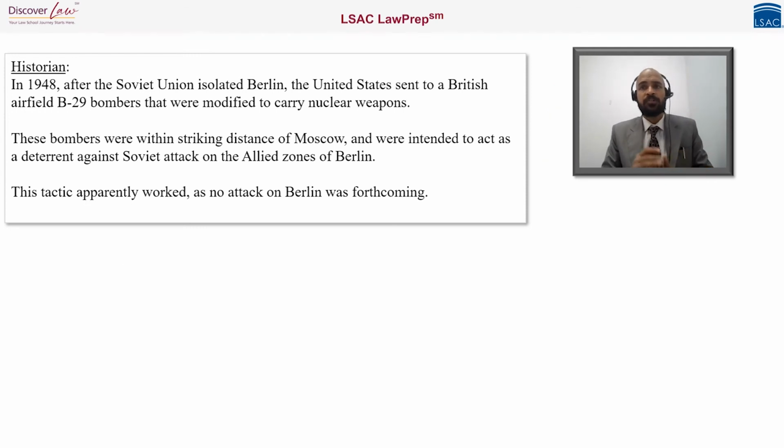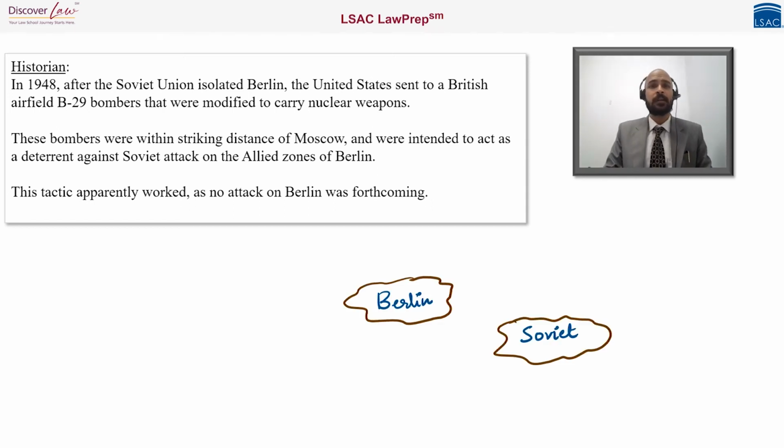Now, we generally draw diagrams for questions of analytical reasoning, but in case you find sometime that you're unable to comprehend the text of even the logical reasoning section or even in the RC, I found that diagrams really help me. Okay, so let's say this is Berlin, this is the Soviet. I don't know where they are, what they look like, so I just do a random amoeboid shape.